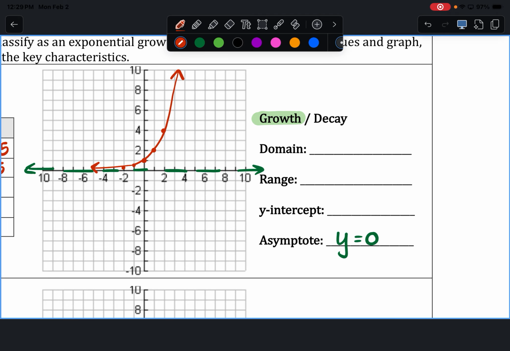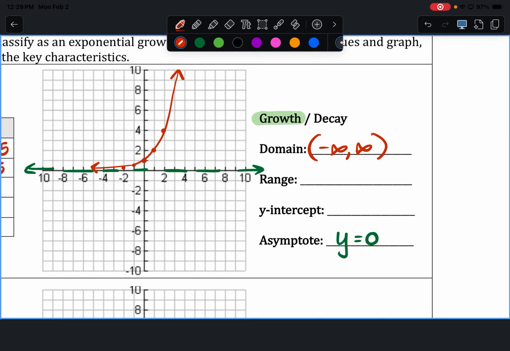All right. Now, domain. Remember, domain is your x values. So we look left and right. Does this graph ever stop going to the left? Does this graph ever stop going to the right? No. So what is the domain? Negative infinity to positive infinity, all real numbers. Okay, range. Range is our y values from bottom to top.